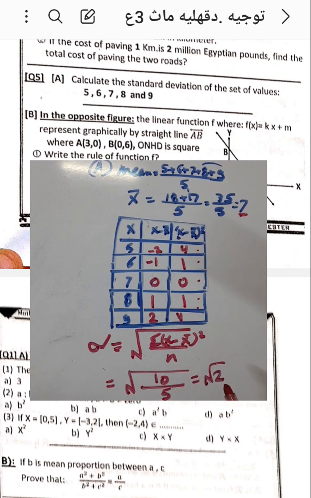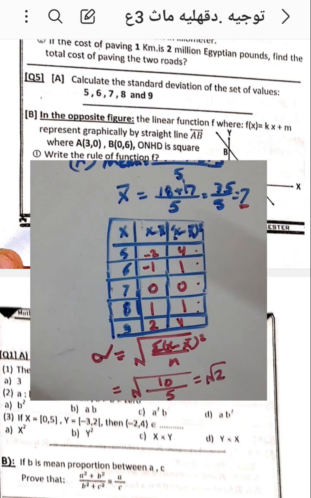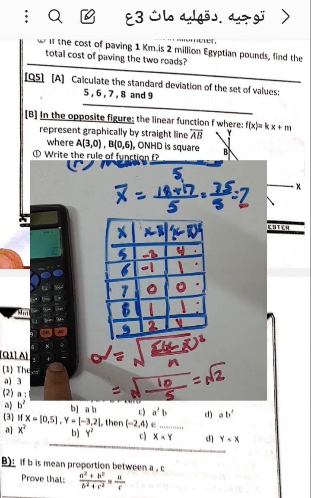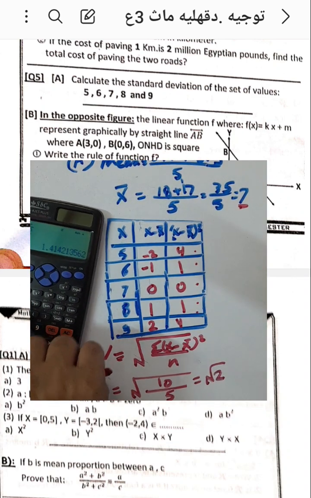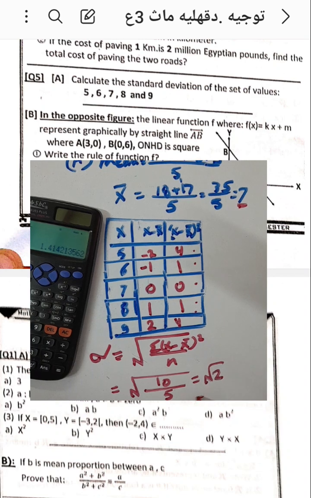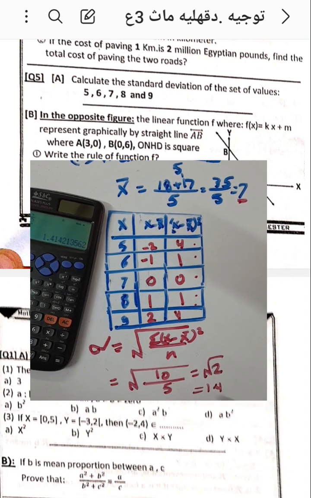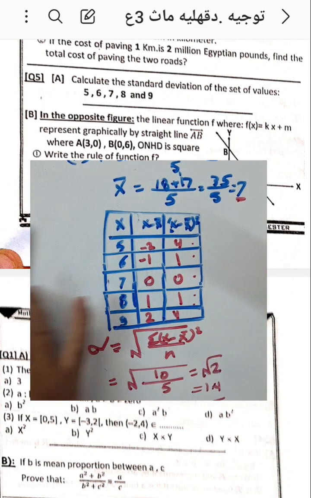Okay, we can use the calculator. Square root of 2 will be 1.4. Okay, 1.4 is the result.